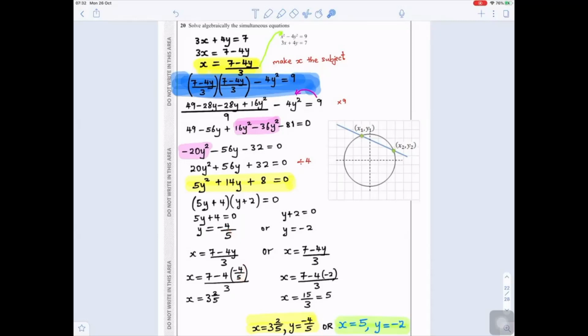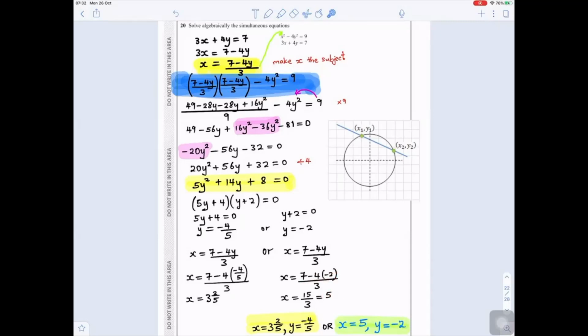That would be (7 minus 4 times minus 4/5) divided by 3. You put that in your calculator, it gives you x to be 3 and 2/5. The next one, you take y equals minus 2 and substitute it in there. So (7 minus 4 times minus 2) divided by 3 gives you x to be 5.